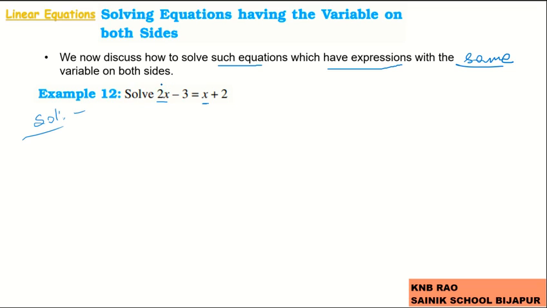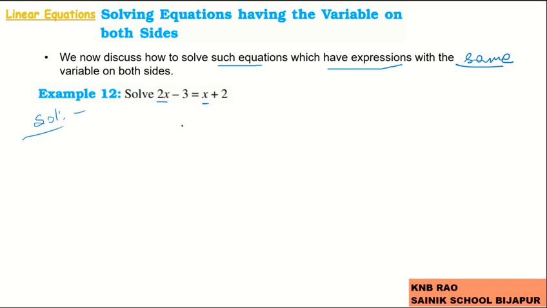So you could find variable terms on both sides of equality, that is in the left hand side and the right hand side. So solving this is the same as solving with a variable term on any one side of an equality.